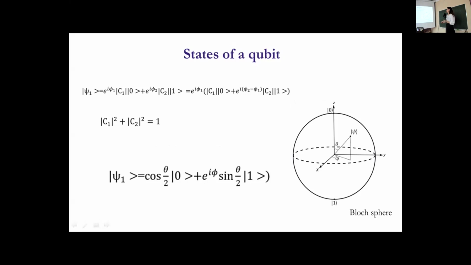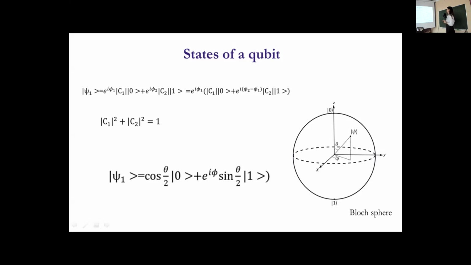So we have just two parameters, and these parameters can be considered as coordinates in a spherical system of coordinates on this sphere. Each dot on this sphere, known as the Bloch sphere, represents a different state of one qubit.